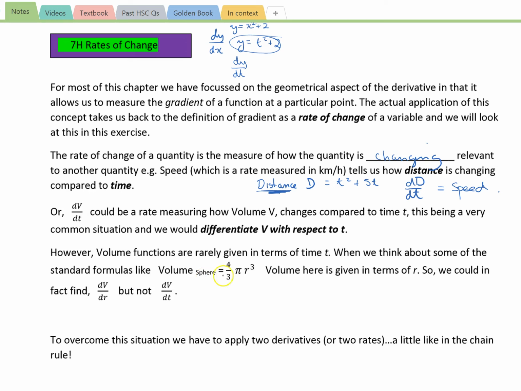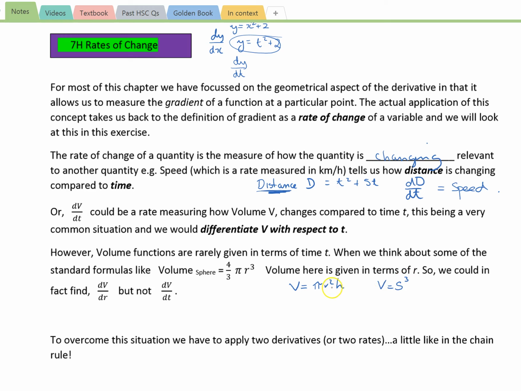Volume, you probably know, if it was the volume of a sphere, it's in terms of its radius. If it was the volume of a cylinder, again, it is in terms of its radius and height. If it was the volume of a cube, it's in terms of its side length cubed.